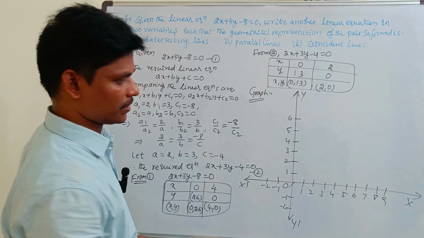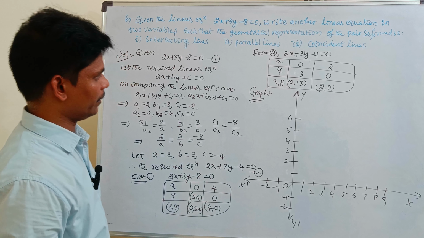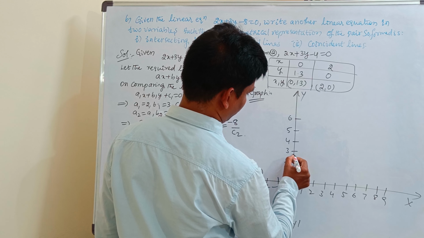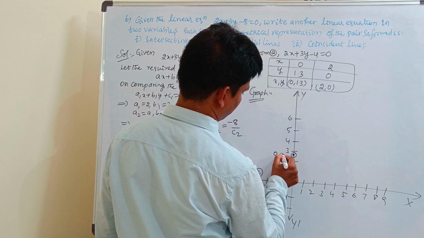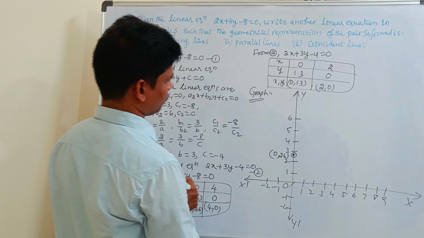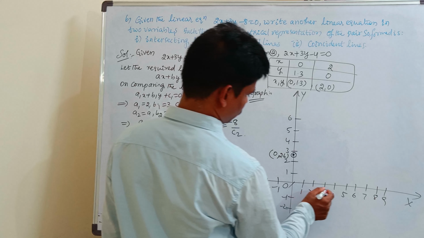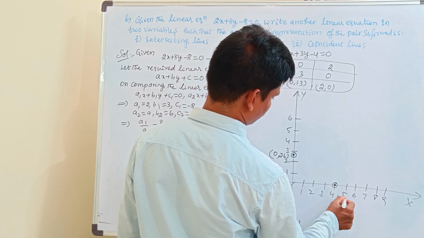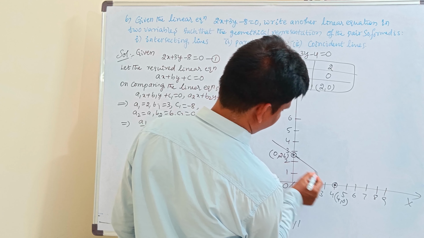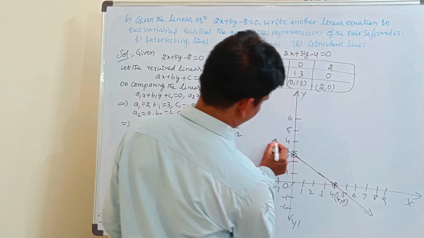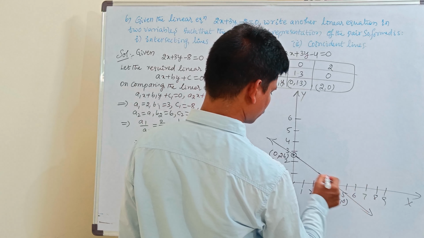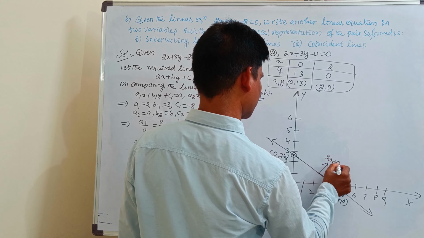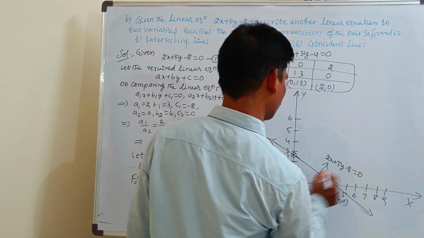Take x-axis, y-axis, 1 centimeter is equal to 1 unit. See the first point 0 comma 2.6. Next 4 comma 0. Join these two points to make a straight line. That line is 2x plus 3y minus 8 equal to 0.